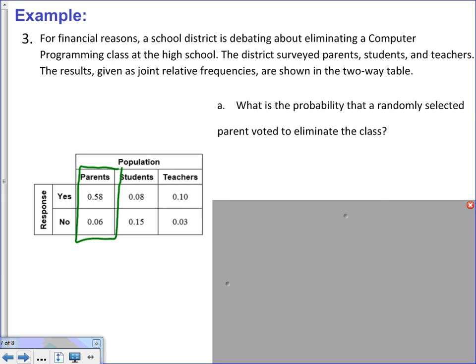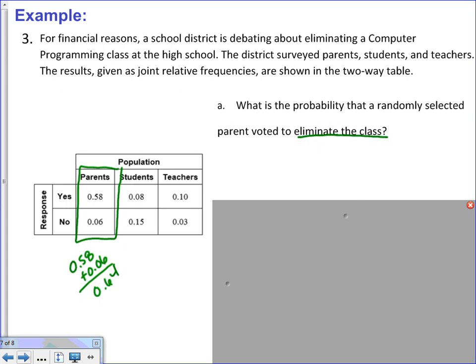We should figure out what's the total for the parent column, so 0.58 plus 0.06, which gives me 0.64. And out of that 0.64, that's the probability they're a parent, what's the probability they voted to eliminate the class?